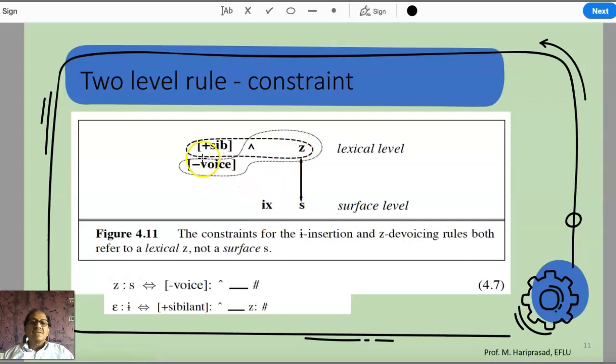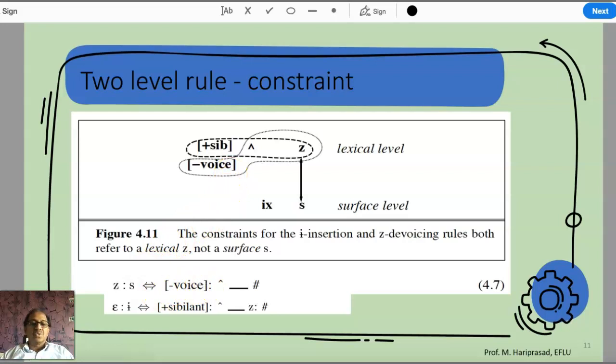When it is voiceless, then morpheme boundary and z, then it is realized as s, right? So e is inserted when the last sound of the word is a sibilant, and z changes to s when the last sound of the word is minus voice, or voiceless.